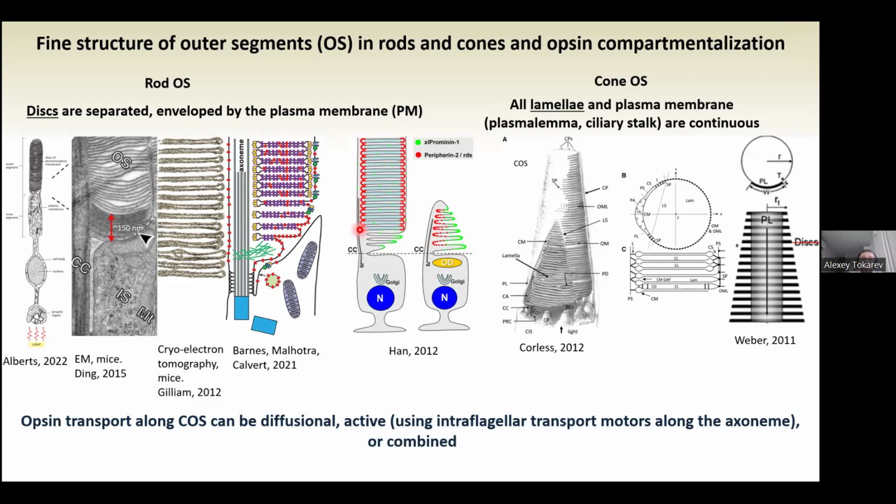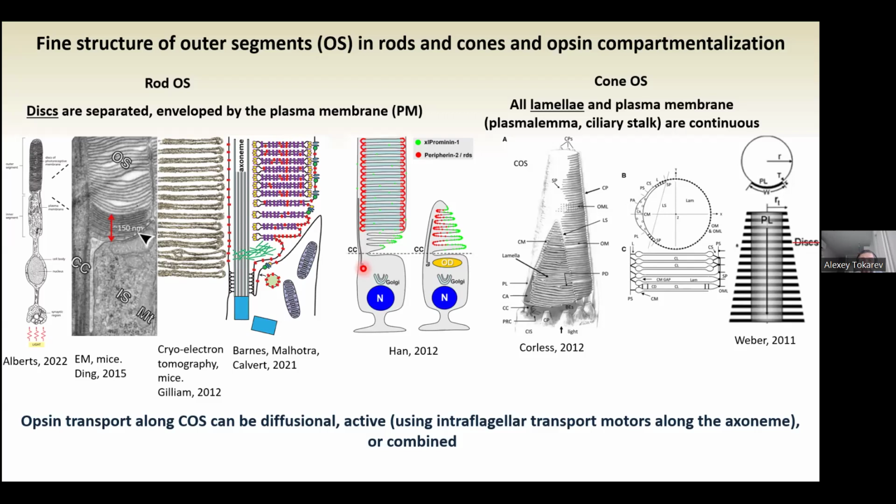But our calculation shows that it is very, very unlikely, because we have a huge amount of rhodopsin in here, and it is very unlikely that this huge amount can be transported actively using ATP. Actually, it is an energy-dependent process of transport of substance along microtubules.